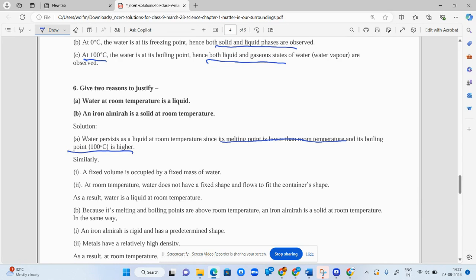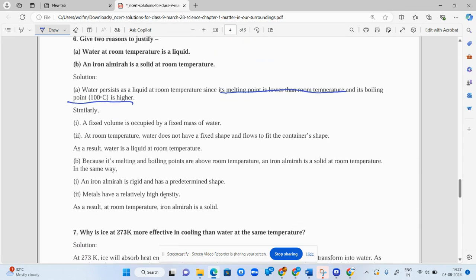An iron almirah is a solid at room temperature. Why? Because its melting and boiling points are above room temperature. Water is a liquid at room temperature because its melting point is lower than the room temperature and its boiling point is higher. So in between, below melting is the solid state, above boiling is the gaseous state, so in between it exists as a liquid.